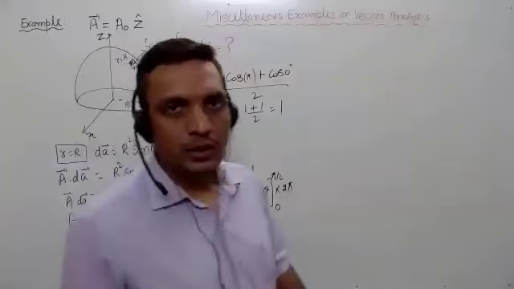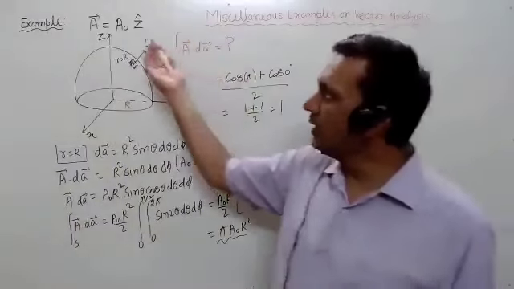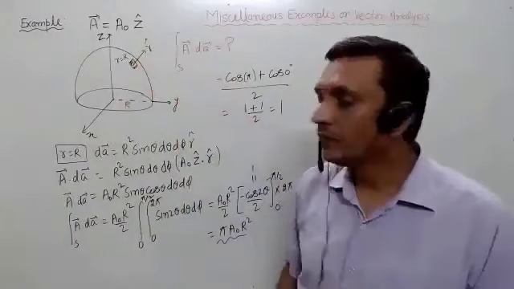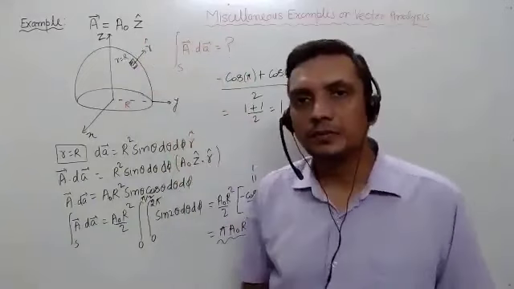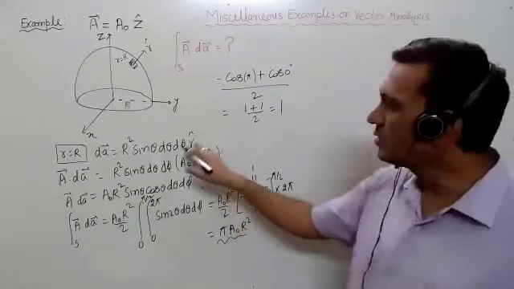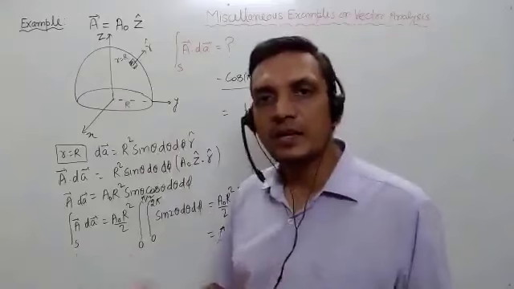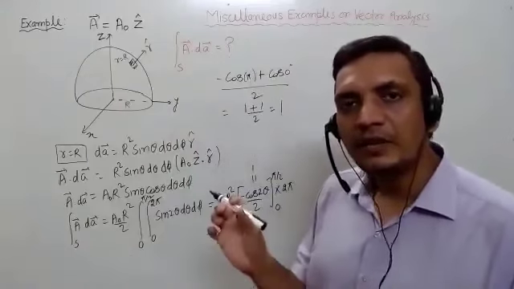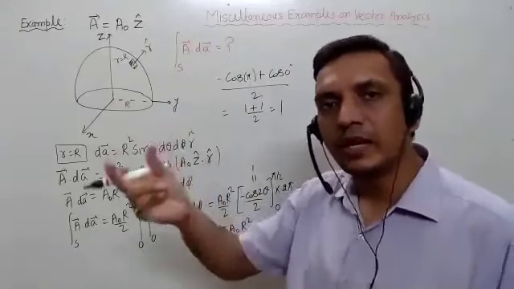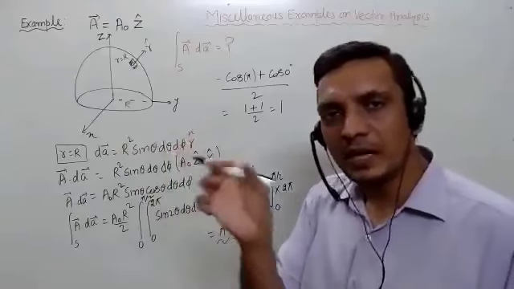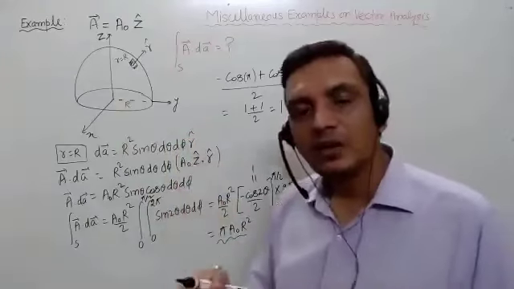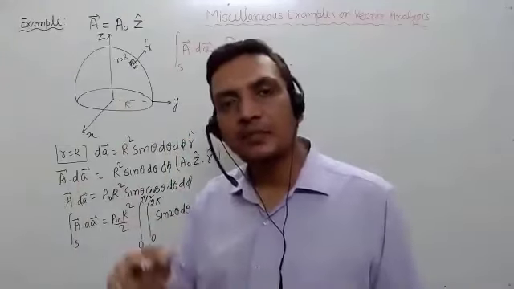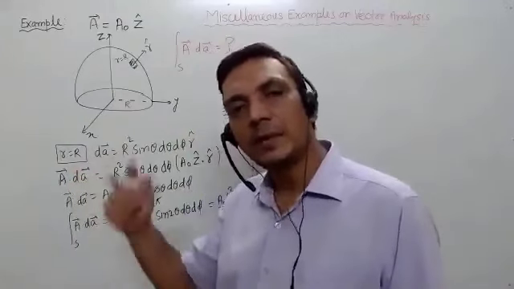So again you can note down that when the vector is given in Cartesian and the symmetry of the surface is spherical, Z cap dot R cap is cos theta. I have written the terms for when you transform a vector from one system to another: what is z dot r cap, x dot r cap, y dot r cap, and even with theta cap and phi cap.